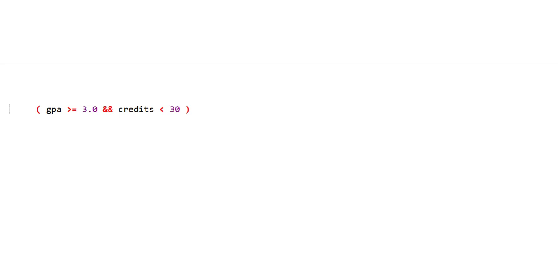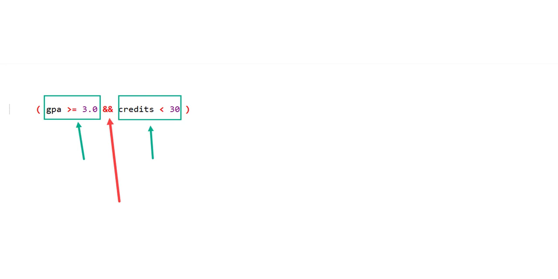So you'll notice that we have two different expressions here, one being GPA greater than or equal to 3.0, and the other being credits less than 30. Now you'll notice that I have the AND here. So now the entire thing is considered one big expression and has one big value, even though each of those green arrows has a separate little value.